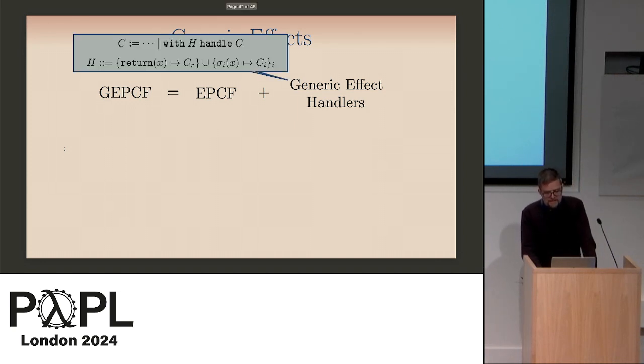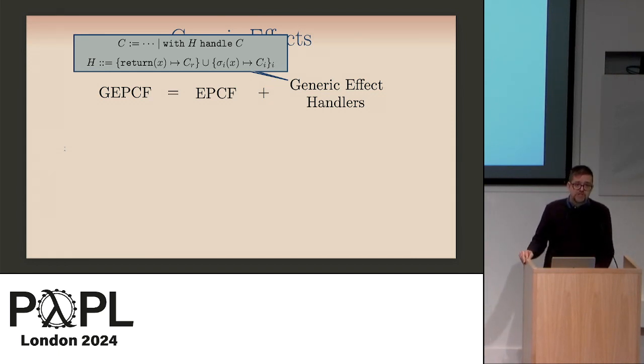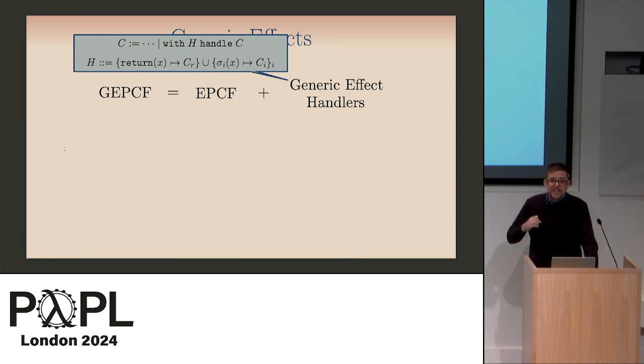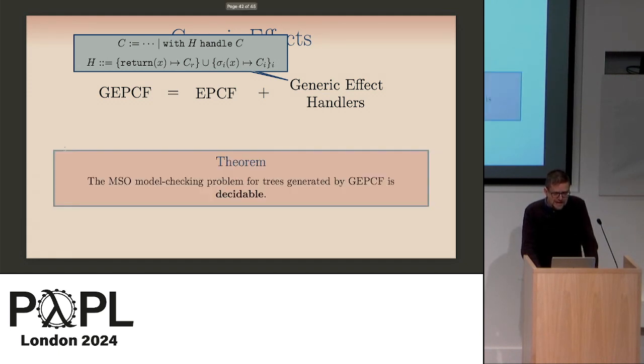A generic effect handler is a handler which uses the continuation in a very specific way. It doesn't mention the continuation inside the handler as a free variable, but instead the value obtained by evaluating the handler is passed to the continuation. And if you do so, you get a decidable model checking problem back.